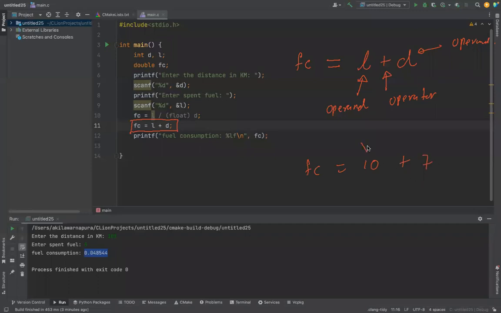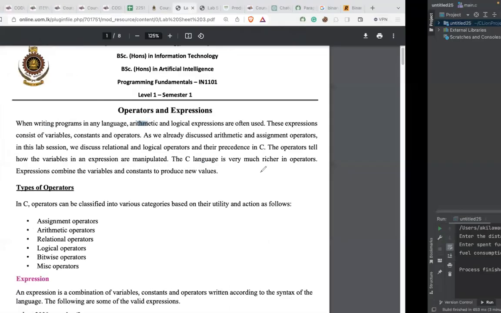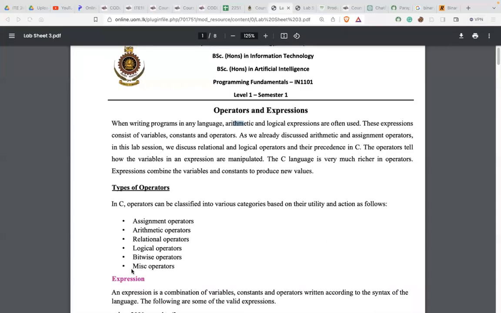So an operand can be a constant value, or it can be a variable like L or D. Now I think you can understand this one.